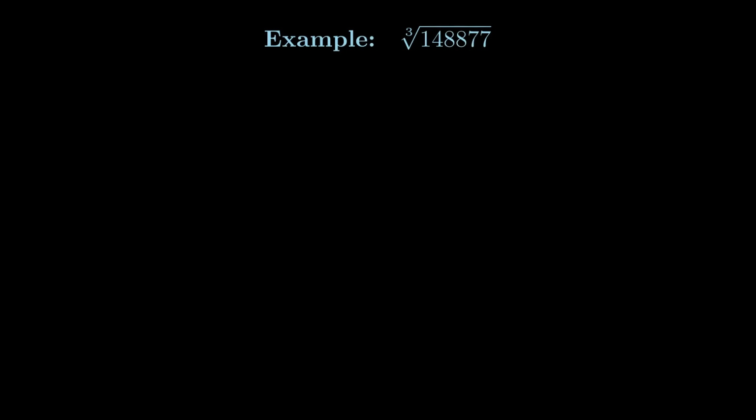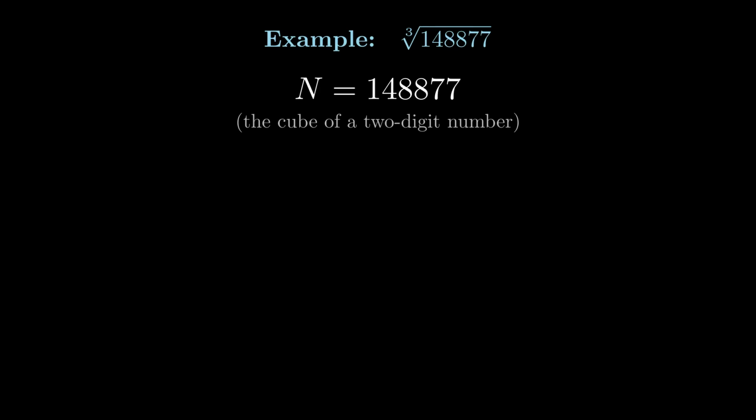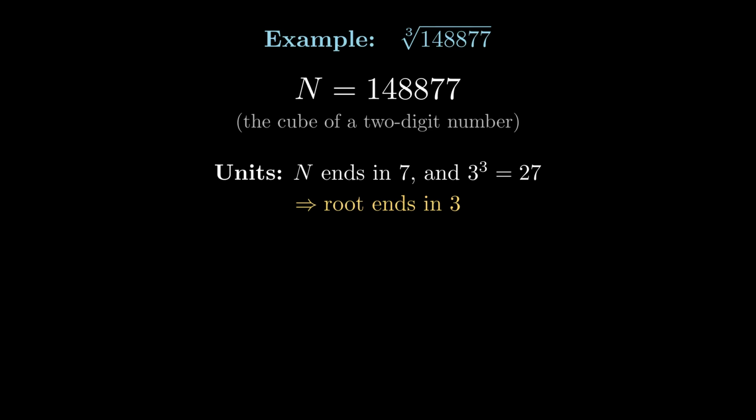Let's try one. Take n equals 148,877, which we're told is a two-digit number cubed. N ends in 7. Since 3 cubed is 27, the root must end in 3.